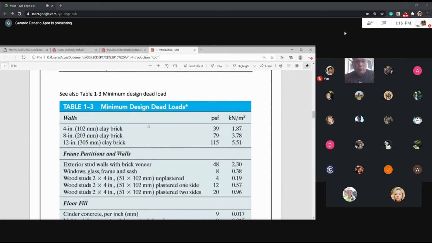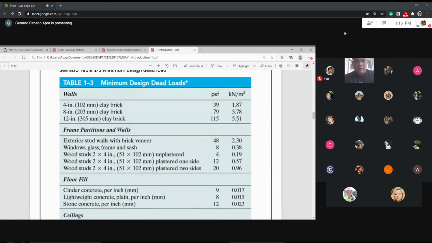This is called the minimum design dead load. If you use this, you should not go below it, so you can add to it. Now for frame partitions and walls, if your exterior stud wall is brick veneer, the equivalent load is 2.3 kilopascal.